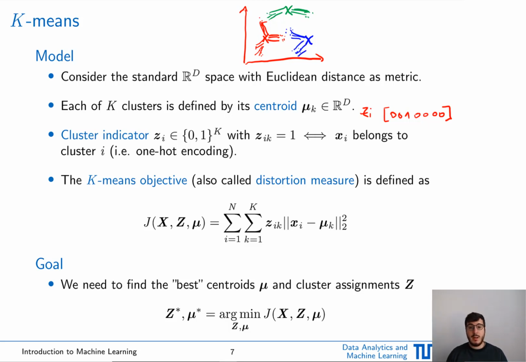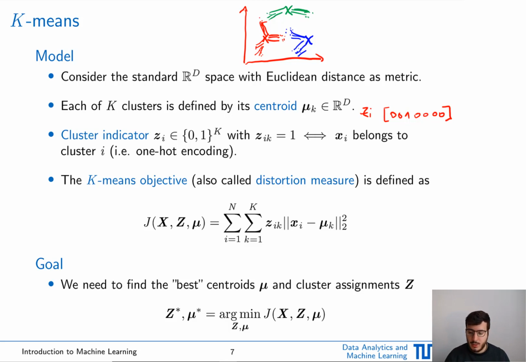And what we want is for these distances to be as small as possible. Basically, we want to find such centroids and such cluster indicators that when you compute the distances from each instance to its own centroid, the distances are as small as possible.